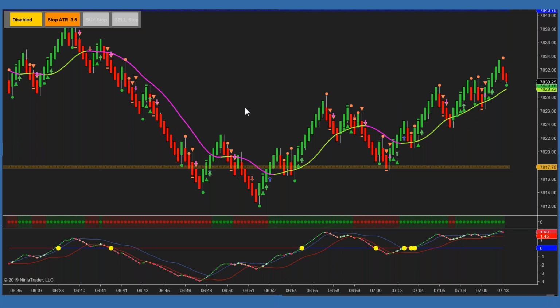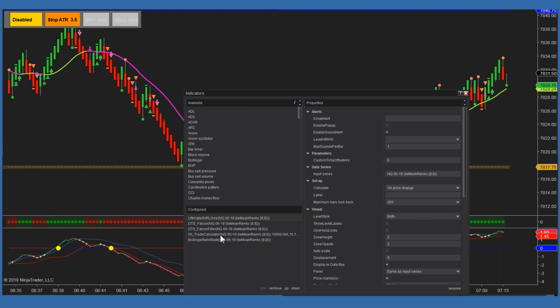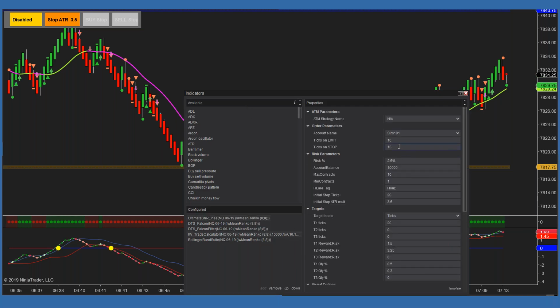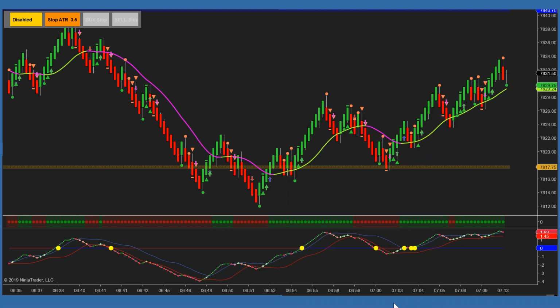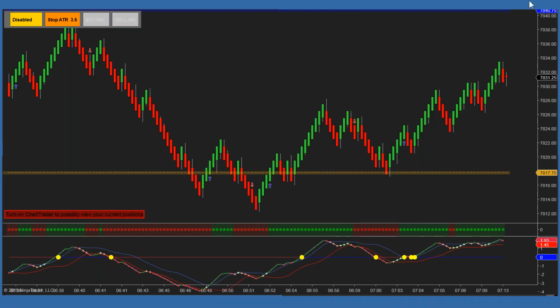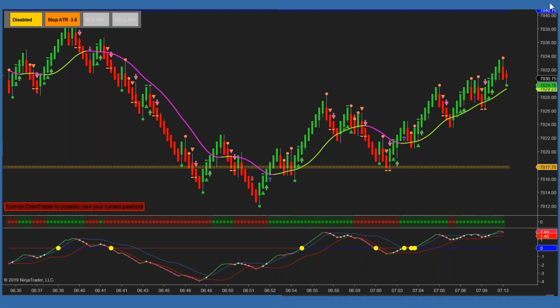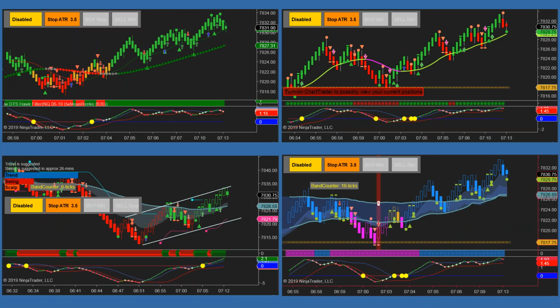What is my spacing here on my trade calculator? Oh yes, that might be 10 ticks, might be a little bit much. I'm going to dial that back. So all I did there was adjust the stop, how far I want my stop order from the current price.